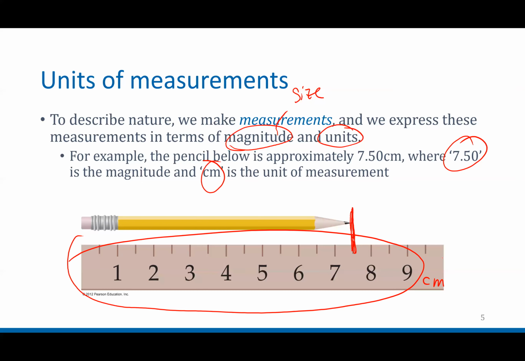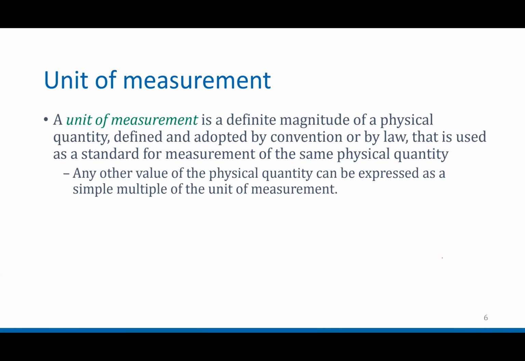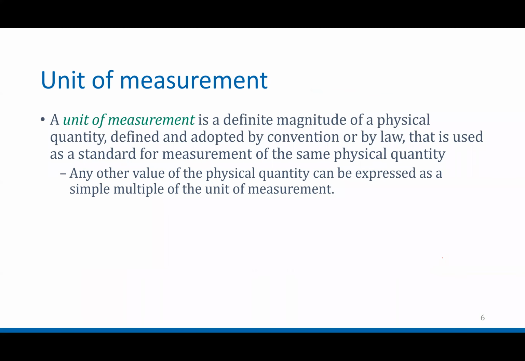So 7.5 centimeters is our measurement. All right, that's it. I know this sounds weird and this is very common sense, but you'll see why this is important in a little bit. When we talk about significant figures, this will kind of all link back together.